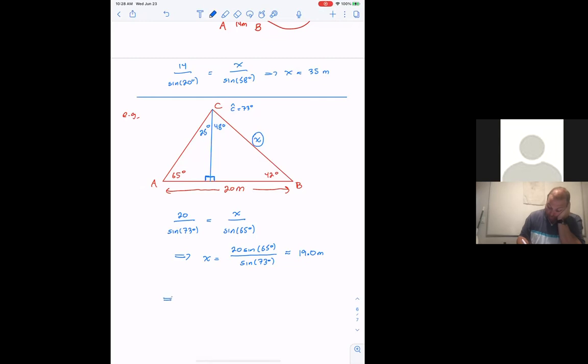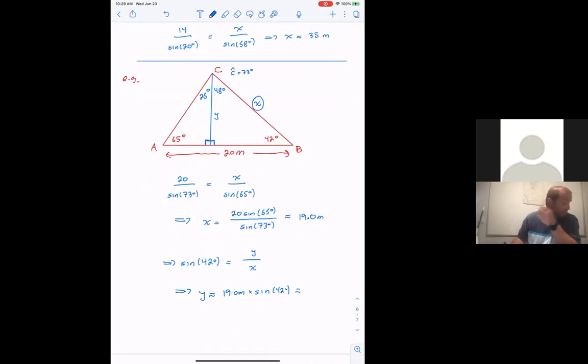So sine of 42 degrees equals opposite, we'll call this y, over hypotenuse, which is x, which means that y is approximately 19.0 meters times sine of 42 degrees, which gives me, to 3 sig figs, because they didn't tell me anything else, 12.7 meters.